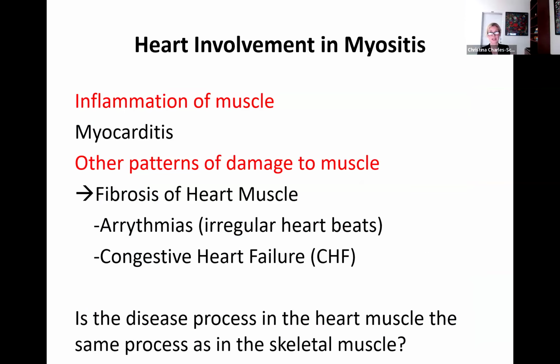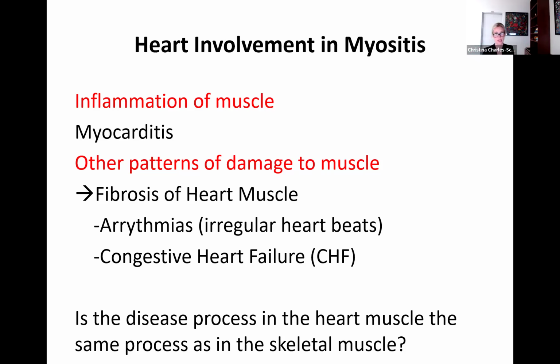But what we see is actual damage, fibrosis of the heart muscle, just as if you cut your hand or your arm, you fibrose there and you get a scar. Unfortunately, the scar in that heart muscle can then interrupt the circuitry of the heart and lead to arrhythmias that many patients with myositis have. When I say myositis, I'm talking about idiopathic inflammatory myopathy, so including DM, PM, and IBM.